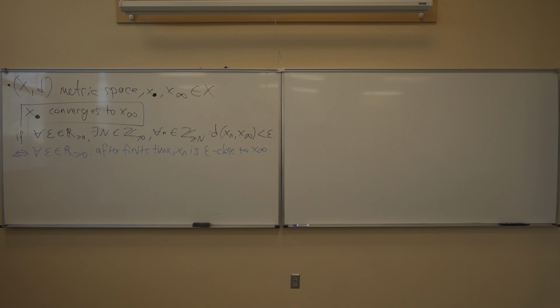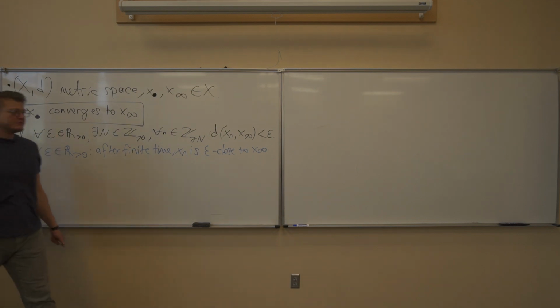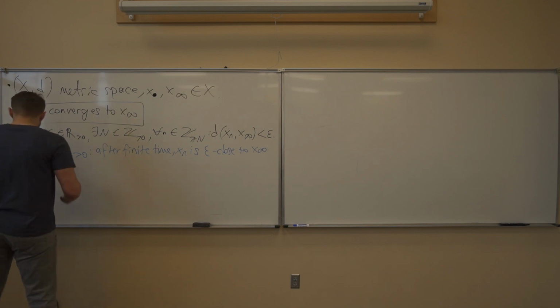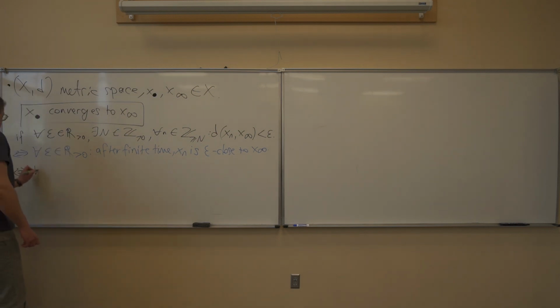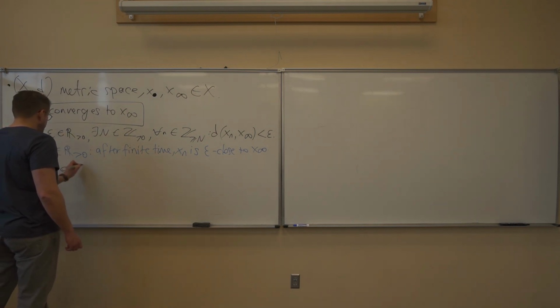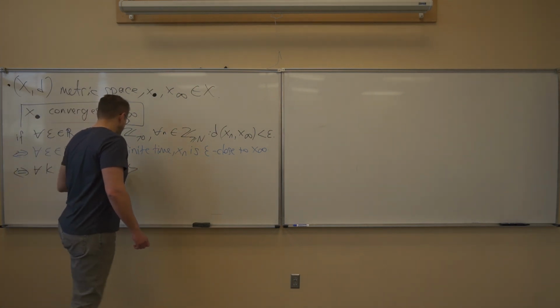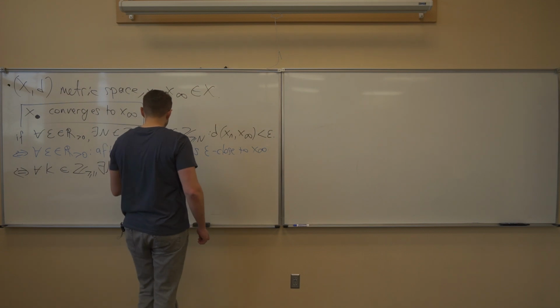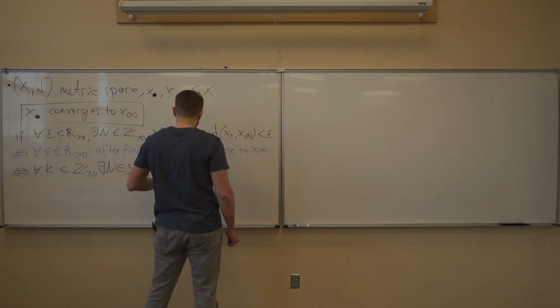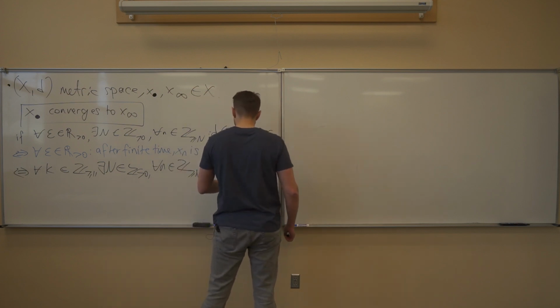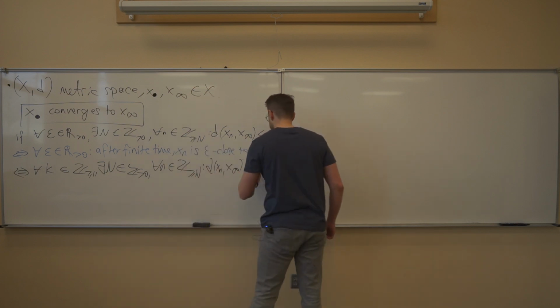Furthermore, using the Archimedean principle, instead of using arbitrary real numbers, sometimes it's nice to just use the reciprocals of integers, numbers of the form 1 over n. So for any k, positive integer, there is an N such that for any n after uppercase N, the distance between the nth term and the target is bounded by 1 over k.